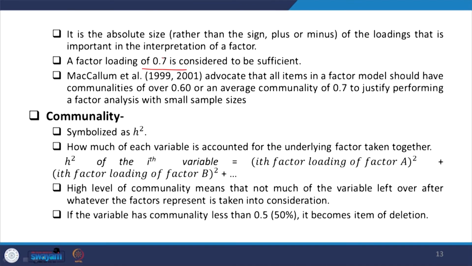Okay, a minimum of 0.6 is required, or an average communality of 0.7. If individually it is not 0.6, but on average the factor loadings are 0.7, okay, that is considered to be sufficient, and that 0.7 actually justifies performing a factor analysis even with a small sample size.